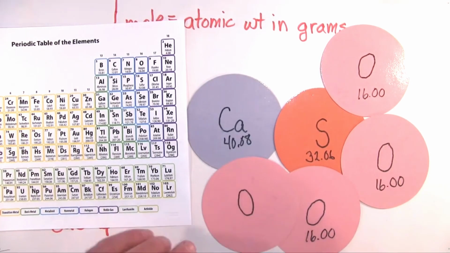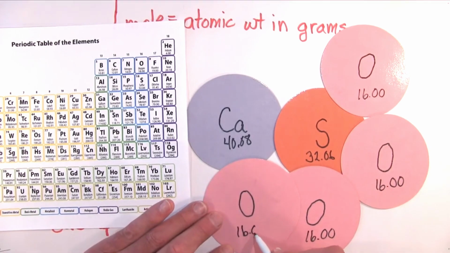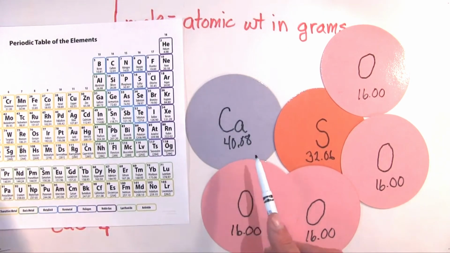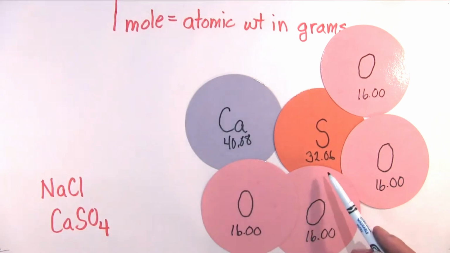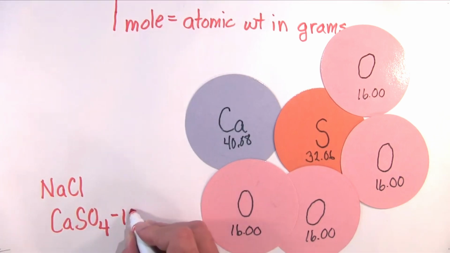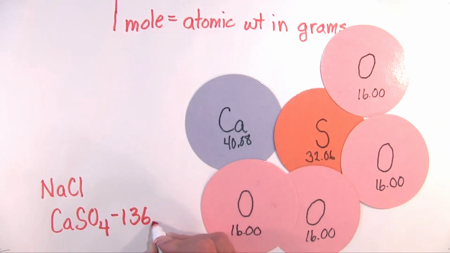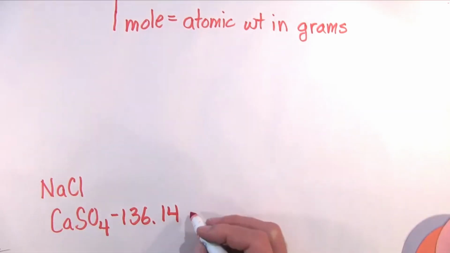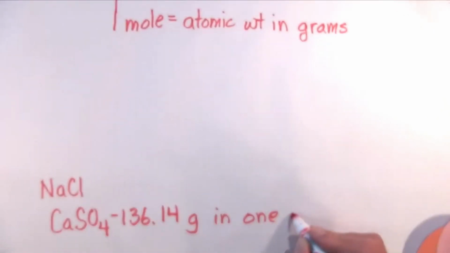That's 3 of those. And finally, here's the 4th one at 16.00. Now, if I add all of those together, 40.08, 32.06, 16 plus 16 plus 16, I get a grand total of 136.14. In other words, there would be 136.14 grams in 1 mole.